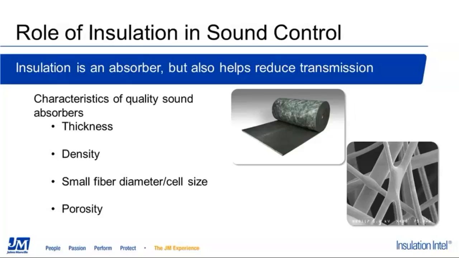The next things you want to look at are small fiber diameter and cell size. And then finally, you want to have a material that's porous, as the gaps and spaces that are created by the fibers or the structure create obstructions for the sound to travel through. This, in turn, helps create a more effective sound absorber, and is why insulation like fiberglass and mineral wool are so effective when it comes to sound absorption.